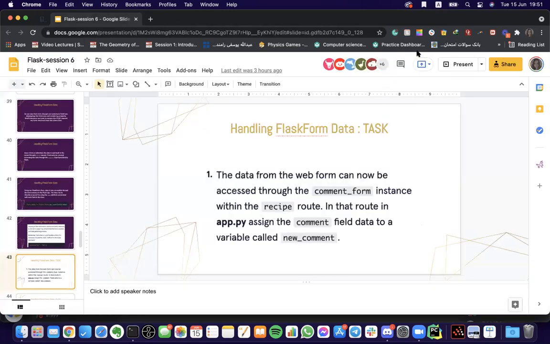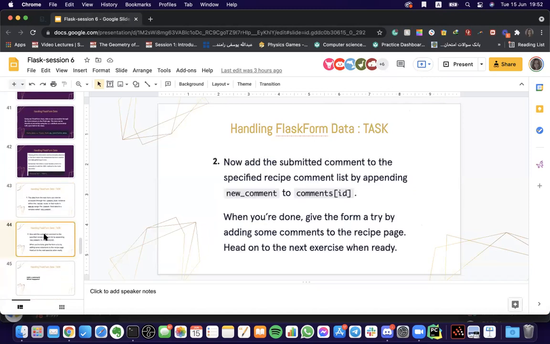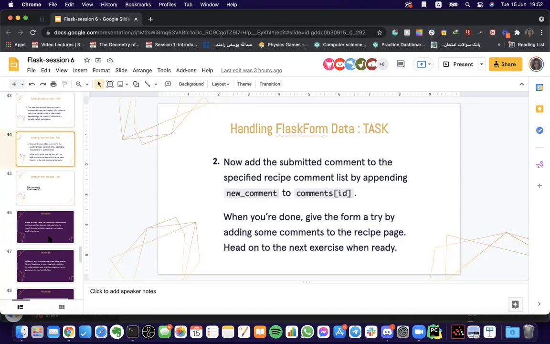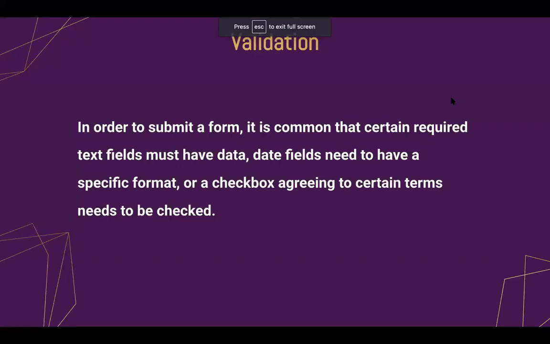And there's a way, I think it was Georgi who mentioned it last time, that there's a thing in HTML, I'm sure all of us have seen it, that there's some data that are necessary, right? For example, here, the comment is necessary for us. And it's called validation in Flask.